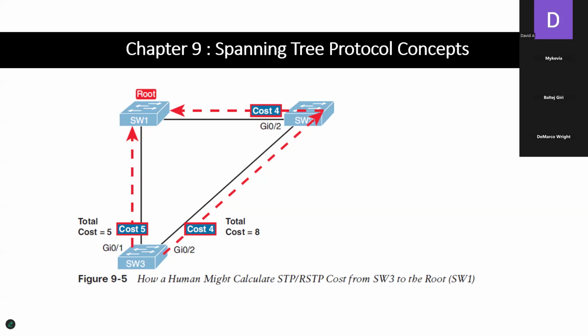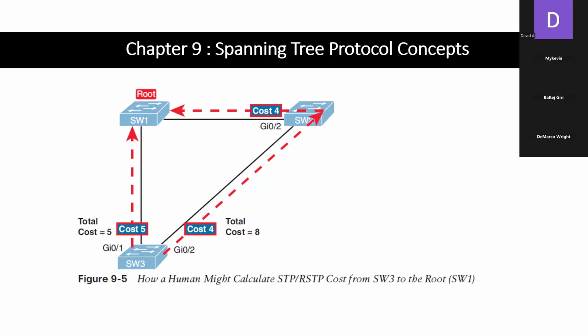The second part of the spanning tree process occurs when each non-root switch chooses its only root port. There's always only one root port on a non-root switch. A switch's root port interface has the least cost to reach the root. We're going to go over that in a second.